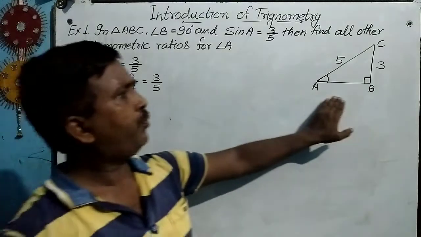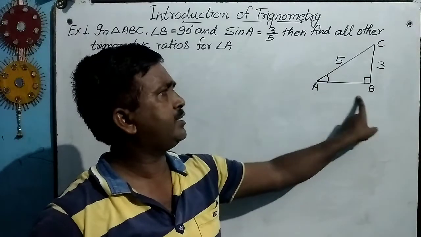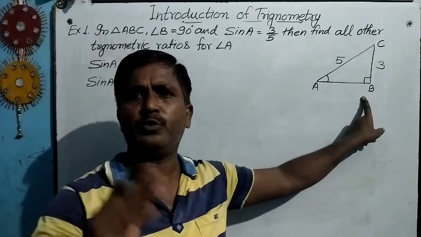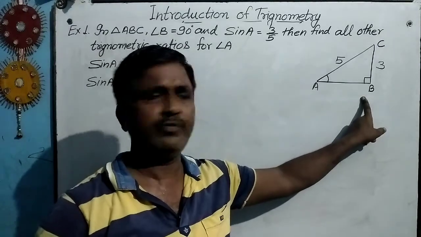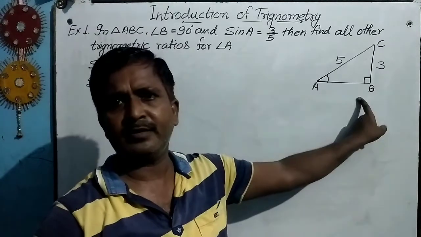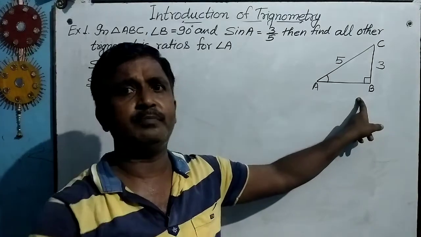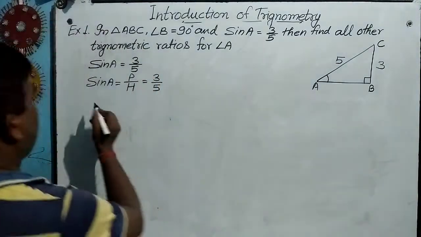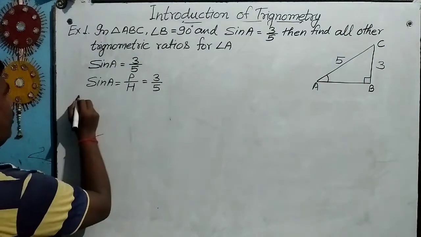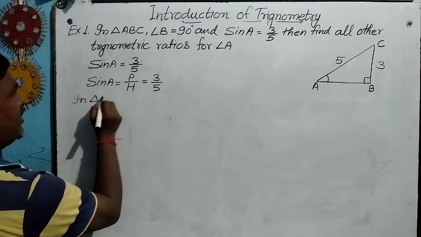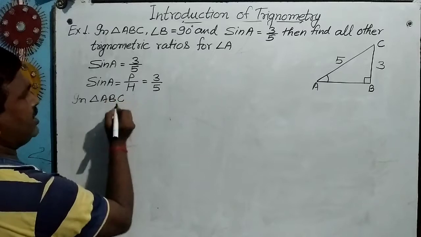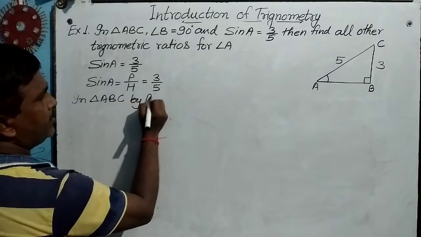Now first you need to find out the third side, which is unknown. How can we find this third side? We have to use the Pythagoras theorem.